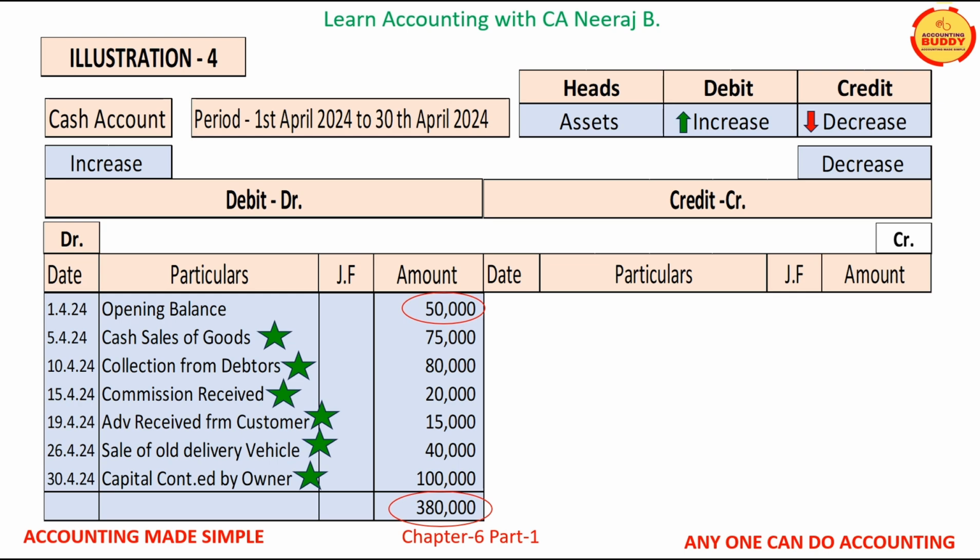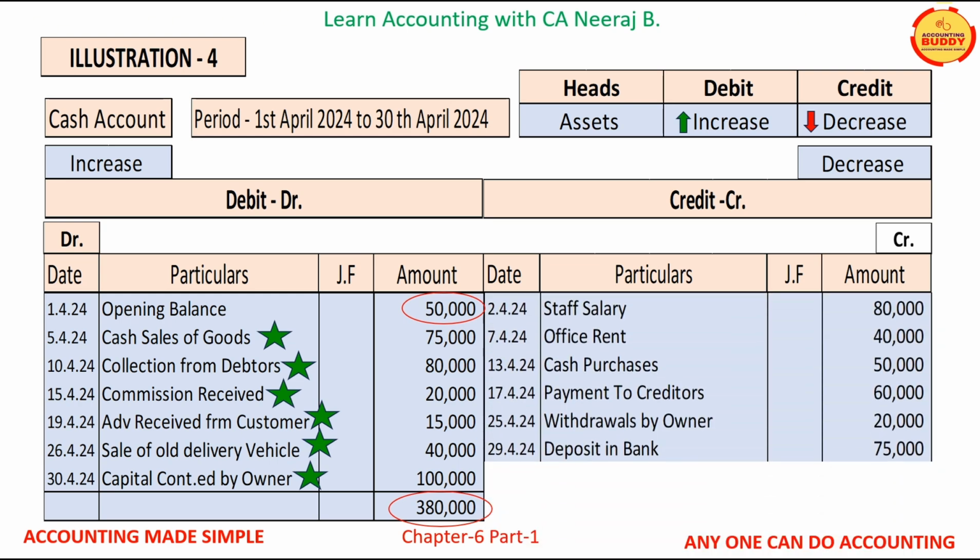Now during the month of April 24, the business has paid several business expenses payments as displayed on your screen. Staff salary 80,000, rent 40,000, cash purchases 50,000, payment to creditors 60,000, withdrawal by the owner 20,000, cash deposited into the bank 75,000.